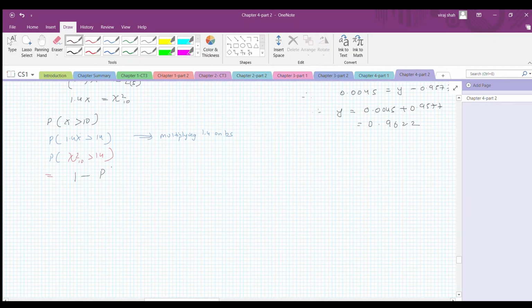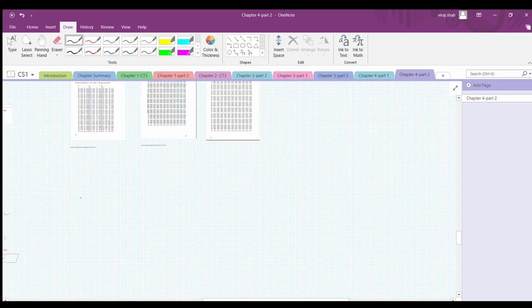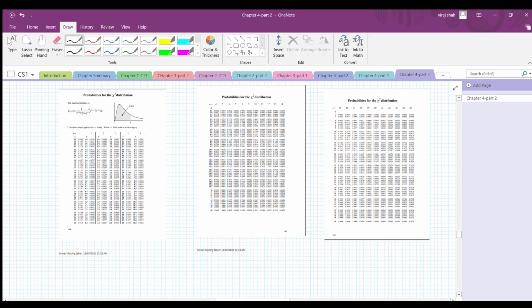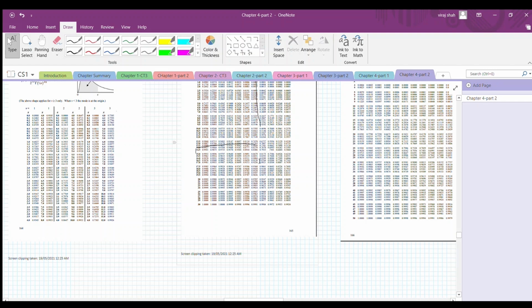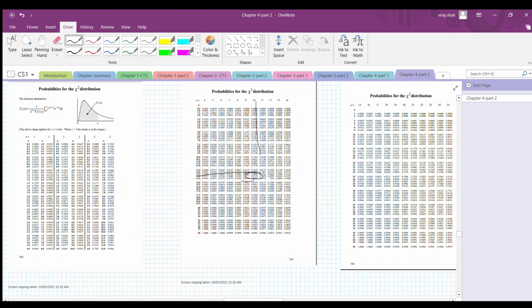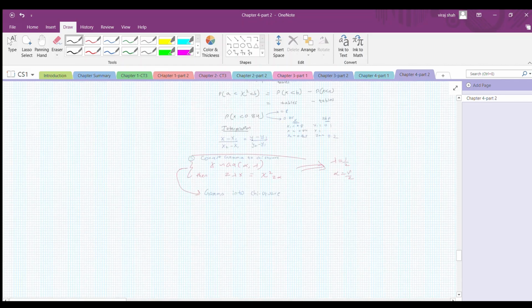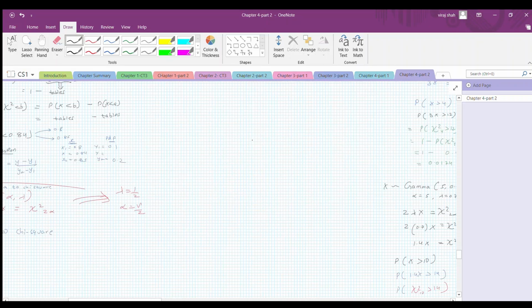It would be 1 minus the probability of chi square 10 less than 14. Let me see this value from my tables again. 10 and 14 lie somewhere here, so let me zoom out.